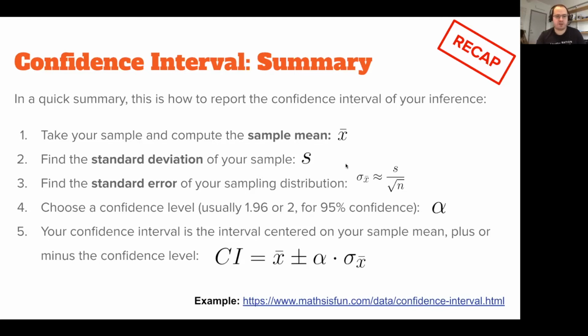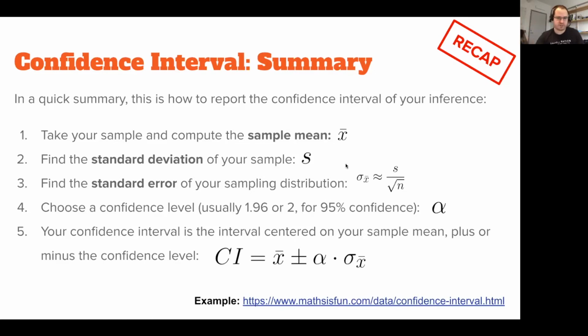So then you take your confidence interval as being this interval that's centered on the sample mean, because it's where the thing that you observe is in the middle, plus or minus alpha, in this case, alpha times the standard error. So 2 times the standard error to the left, 2 times the standard error to the right. If it's 1.96 and not 2, then it's 1.96 times the standard error to one side, 1.96 times the standard error to the other side.